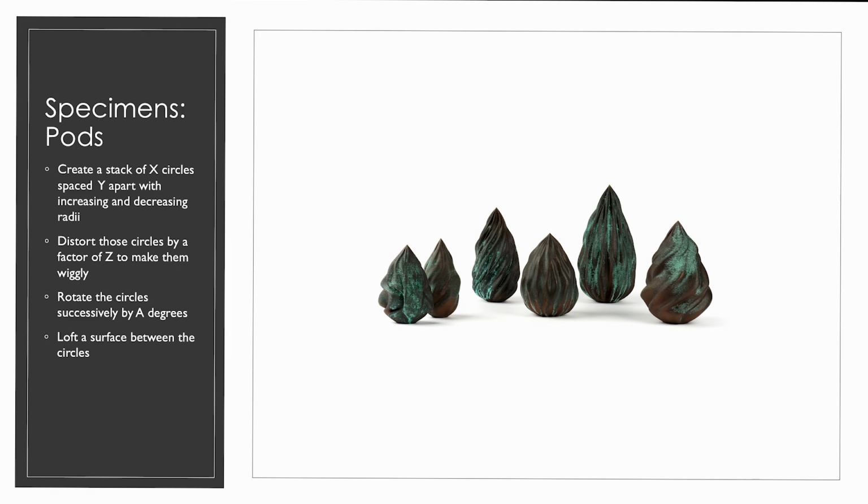The lines of the circles are a little bit wiggly, or jittery, we might say. And then I rotate those circles by a degree percentage, and finally loft a surface between the circles to create the pod shape. And these have a very organic kind of feel. They might be like seed pods or acorns or something like that.